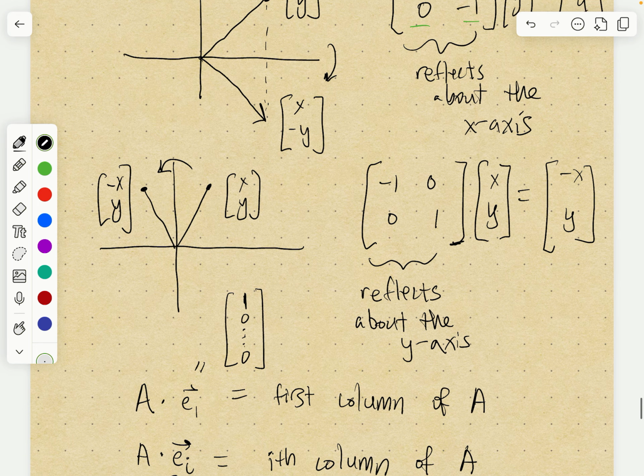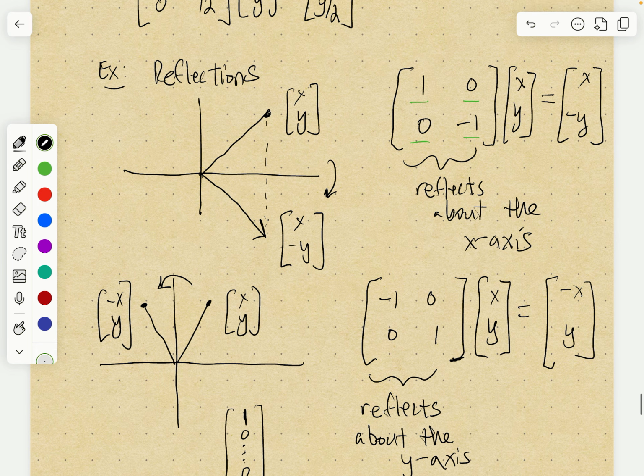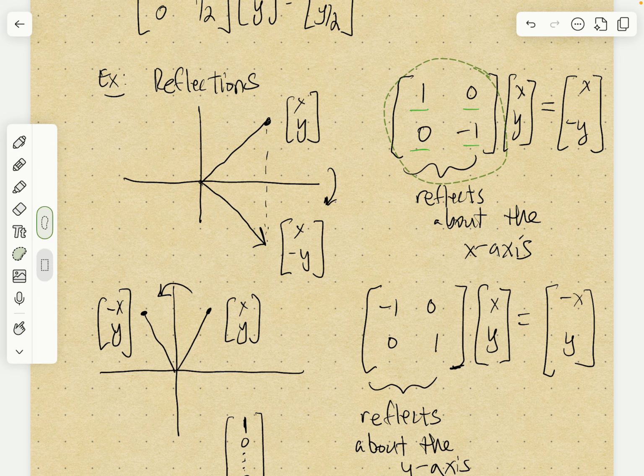So for instance, in the 2 by 2 case, if I take this reflection matrix and multiply it by (1, 0), I'm going to get (1, 0). If I multiply it by (0, 1), I'm going to get (0, negative 1). And that matches what should happen. If I take (1, 0), the result will be (1, 0). If I take (0, 1), the result will be the second column, which is (0, negative 1).